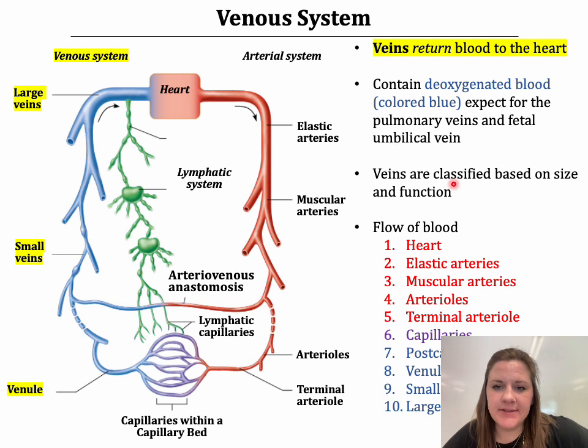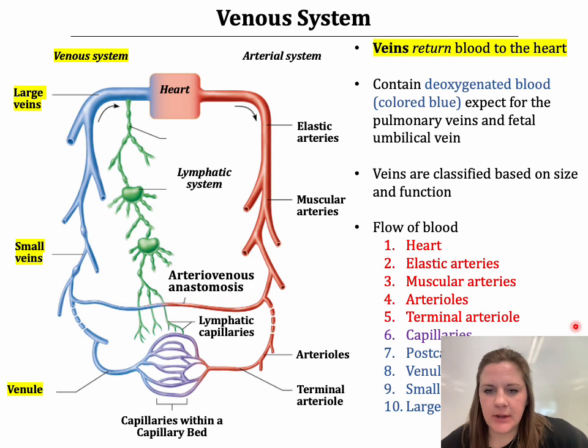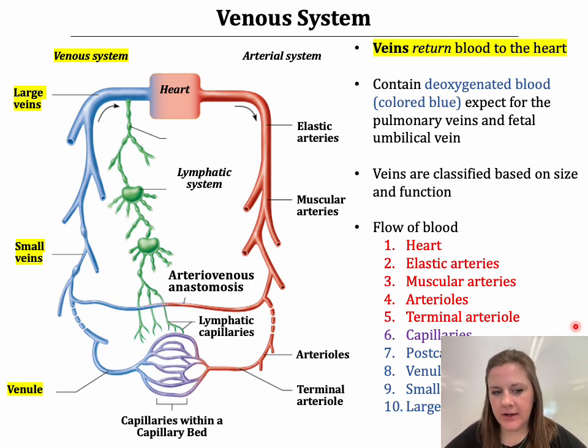Now for the venous system. Veins return blood to the heart. We typically see them as blue, and that tells us that they carry oxygen-poor or deoxygenated blood. It's really not appropriate to say deoxygenated because there's still oxygen within the blood in the venous system. It's just less than what we find in the arteries.